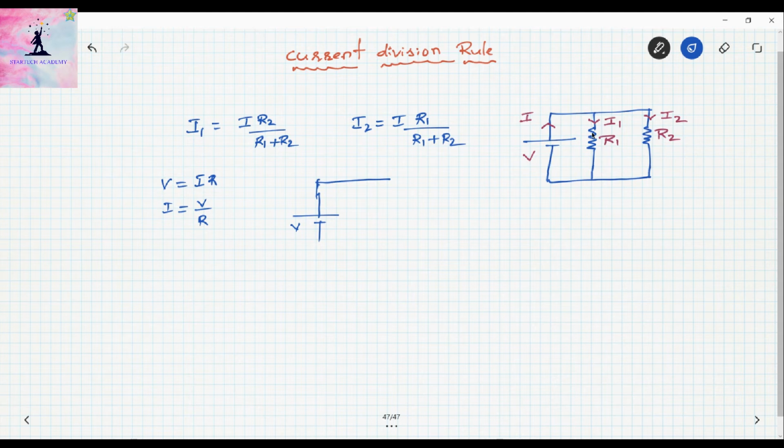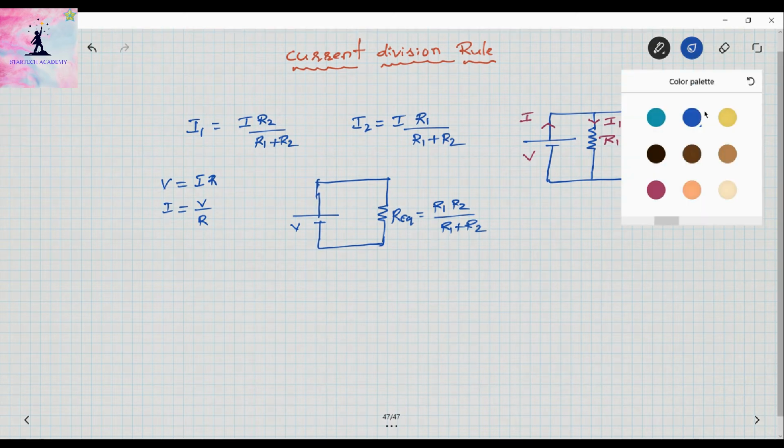See here, the two resistors are connected in parallel. So what is the R equivalent? Here R equivalent is R1 R2 by R1 plus R2. Right? So here R1 and R2 are connected in parallel. That's why R equivalent becomes R1 R2 by R1 plus R2.